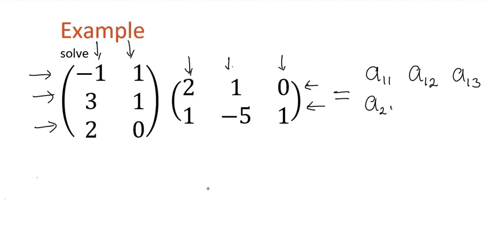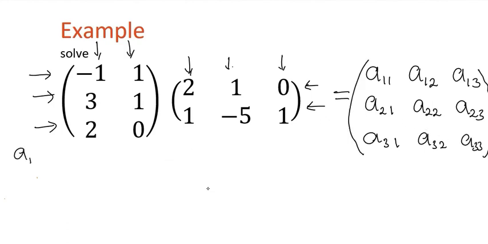Second row, multiply the second column again. And second row will multiply the third column. Now taking the last row here, which is third row, multiply the first column. Third row, multiply the second column. And third row, multiply the third column.